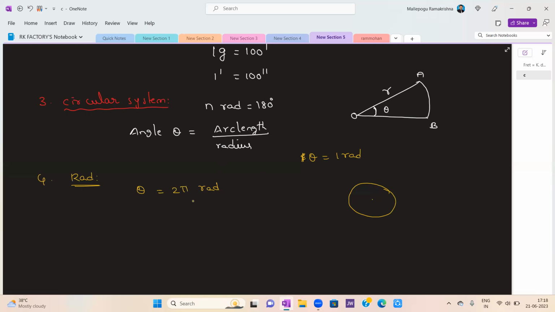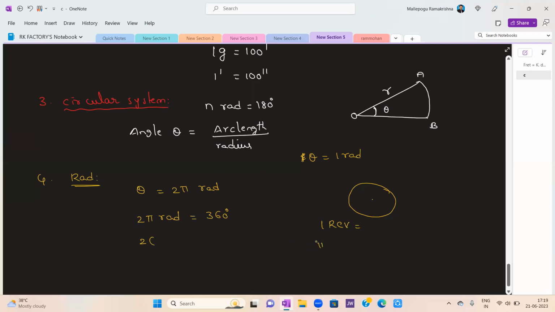if it is completing one revolution, we say 2 pi radians equals 360 degrees, because it is completing one revolution. So 2 into pi, taking pi as 22/7 or 3.14, into radian equals 360 degrees.